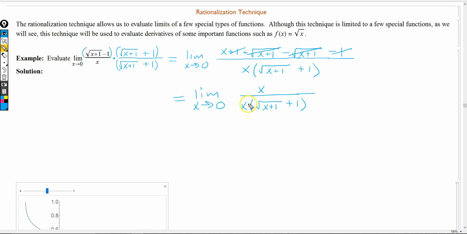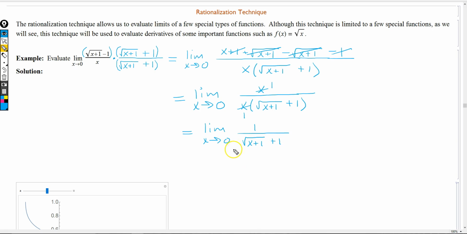Alright, now notice what we have here now is these x's cancel, which is good because that's what was giving us trouble over here. Because x was going to 0, the denominator was going to 0, so that's what was giving us trouble. So we were able now to cancel it out. And what we finally end up with is the limit as x converges to 0 of 1 over square root x plus 1 plus 1.